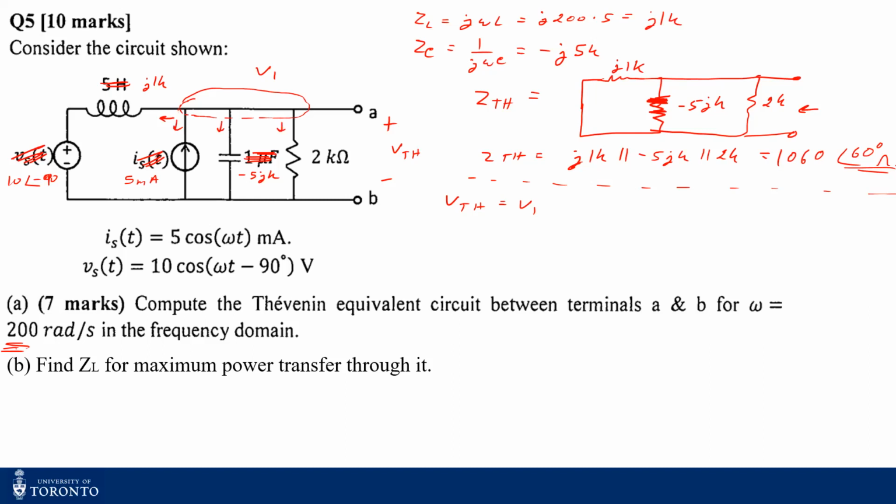So what's my nodal equation? It's V1 minus 10 angle minus 90 divided by j1k, that's the leftmost current, plus, in this case I'm considering current going downwards, but the current source is pushing current up, so it's minus 5 milliamperes.